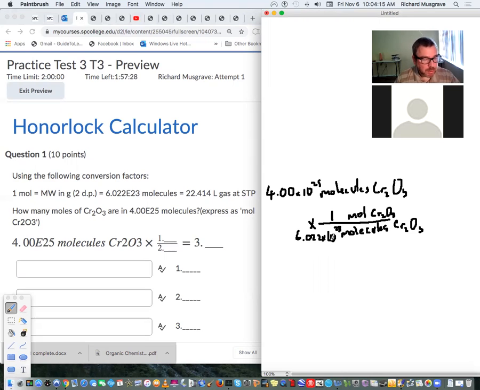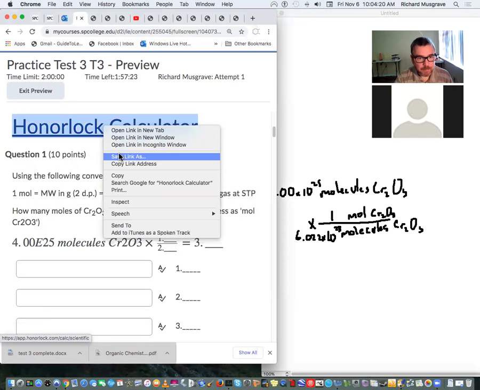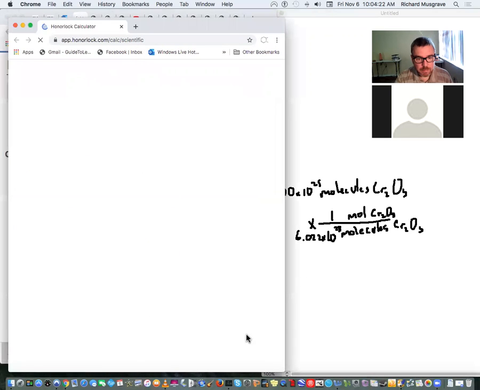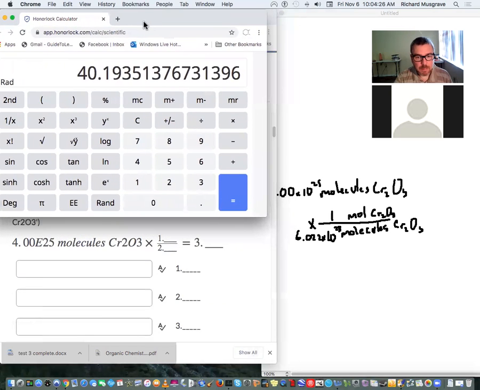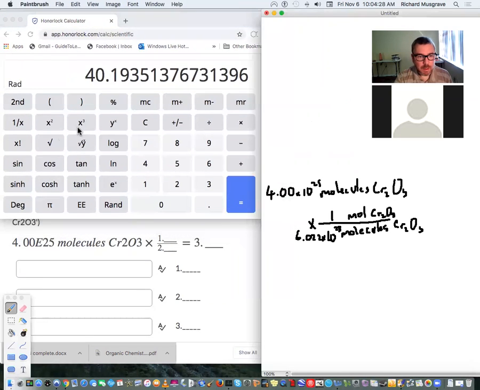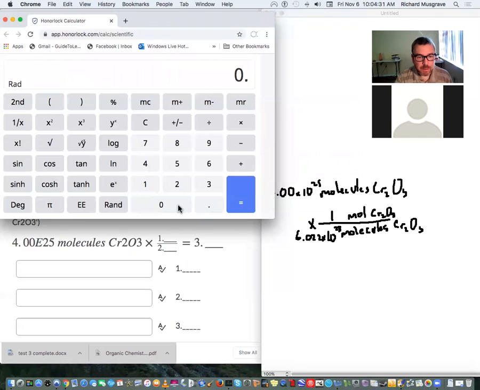Now let me show you how you would put this into the Onalog calculator. You go 4.00, whoops, let's clear that out, try that again. 4.00, and then EE. You can see it goes a darker gray color, which means it's been activated. Then I'll hit 25.